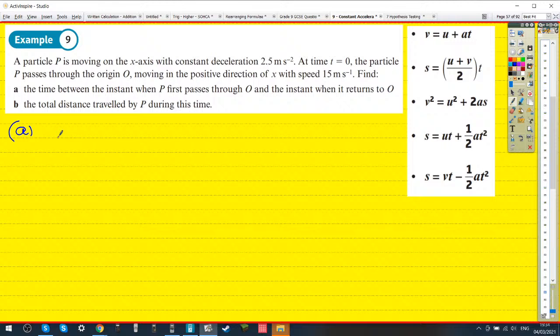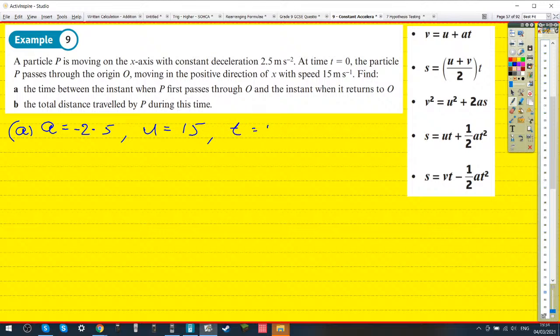Okay, so for this, I only got the deceleration and the initial velocity. So deceleration, minus 2.5, so A is minus 2.5. Initial velocity is 15, right?